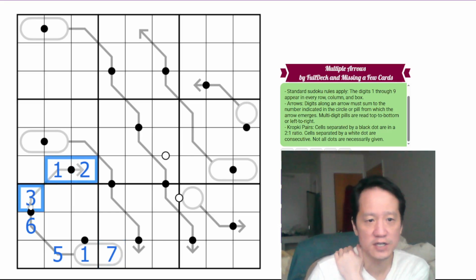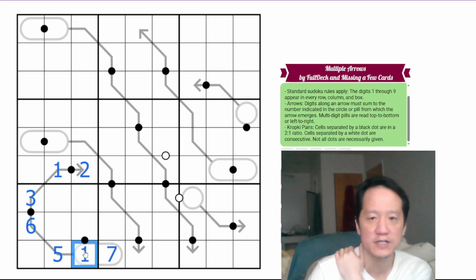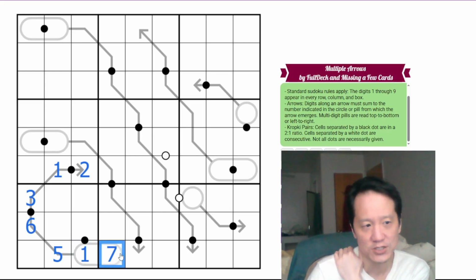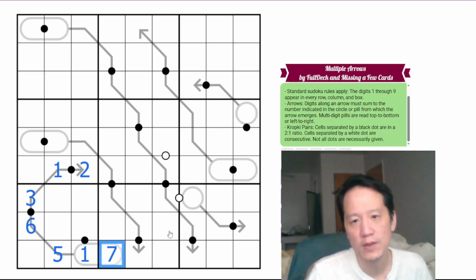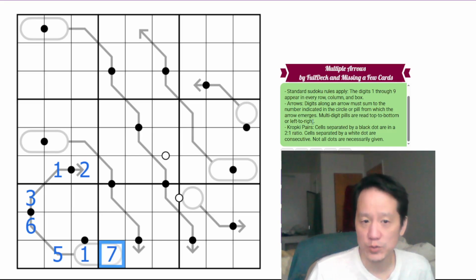So this satisfies this arrow because 1 plus 2 plus 3 plus 6 plus 5 adds up to 17. And the left digit would be the tens digit, and the right digit is the ones digit. So that's how arrows work.